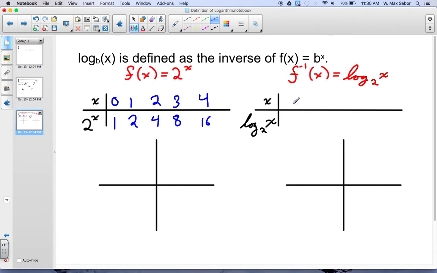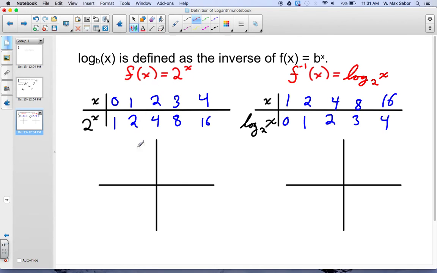And then the inverse function, well, the way that works is just you switch the x and the y values. Any x comma y coordinate pair is going to be the opposite xy coordinate pair here. So 1, 2, 4, 8, 16 are the inputs, and the output would be 0, 1, 2, 3, and 4.